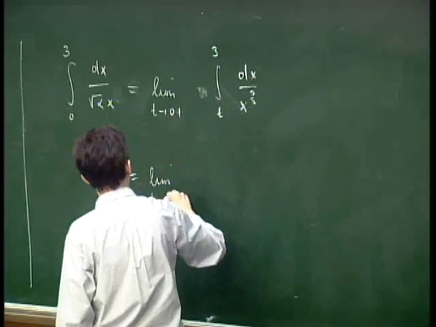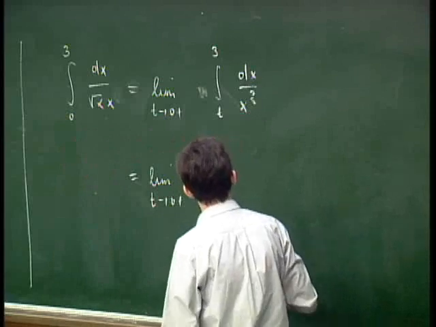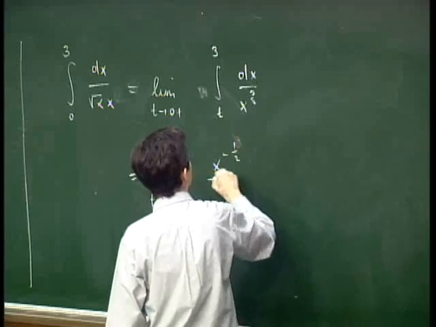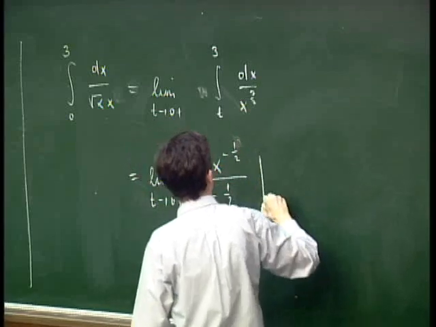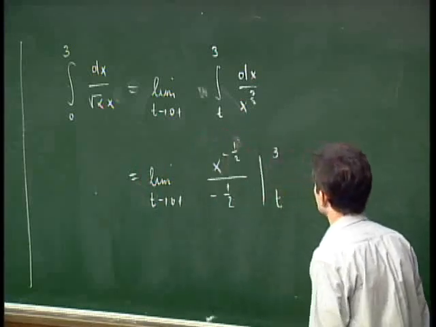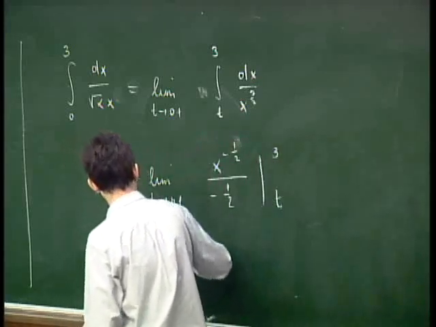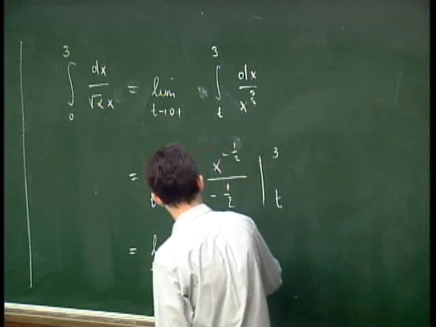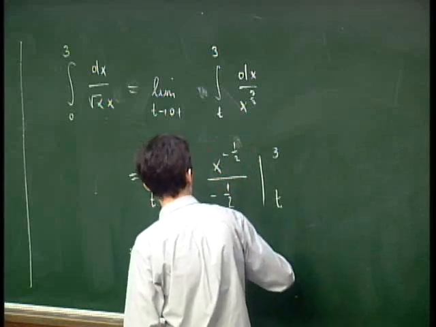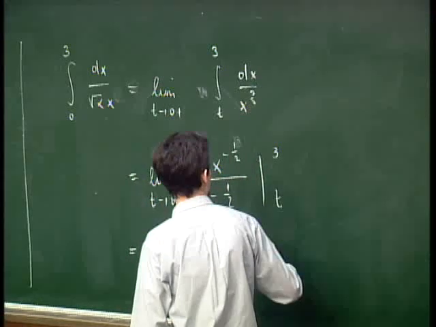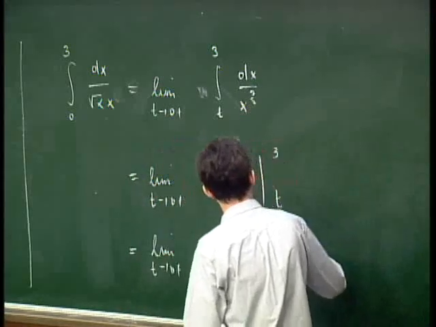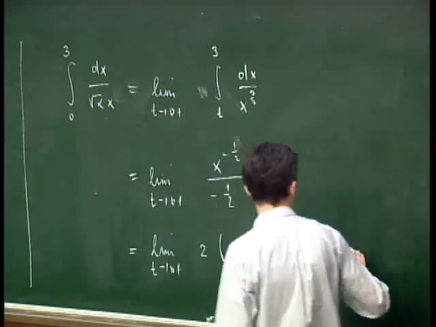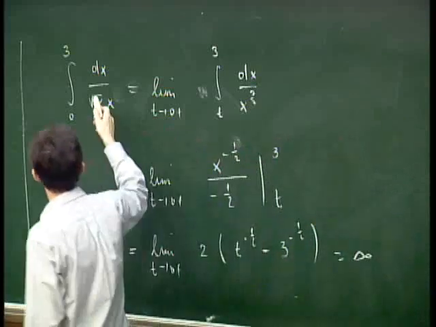So we have the limit as t tends to 0 from the right, and for this we have x to the minus 1/2 over minus 1/2, evaluated at t and 3. So we have 2 times, and then t to the minus 1/2 minus 3 to the minus 1/2. But you see that as t tends to 0, this will tend to infinity. So this integral is divergent.